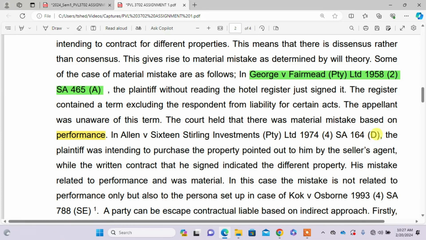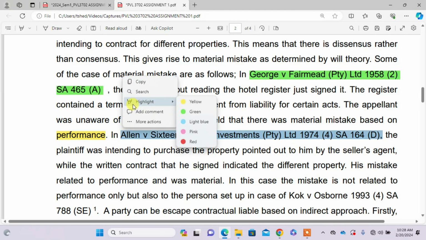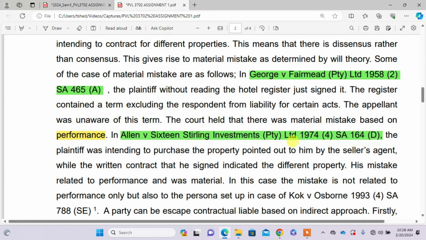I gave another case which you have to go and look for, and that case is a very common case in law. It's the case of Allen versus Sterling Investments. This is the common case.